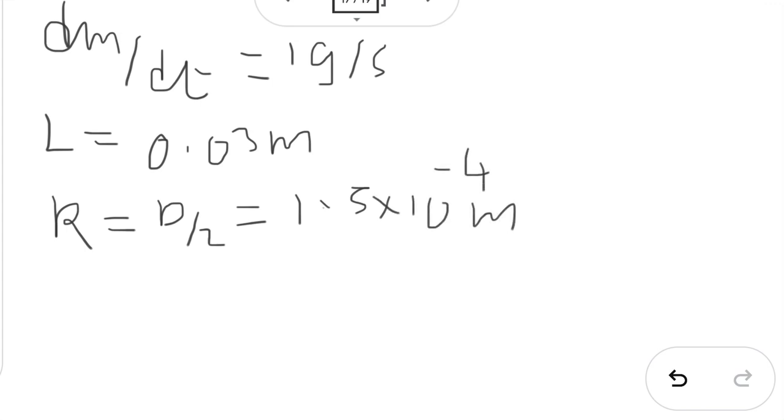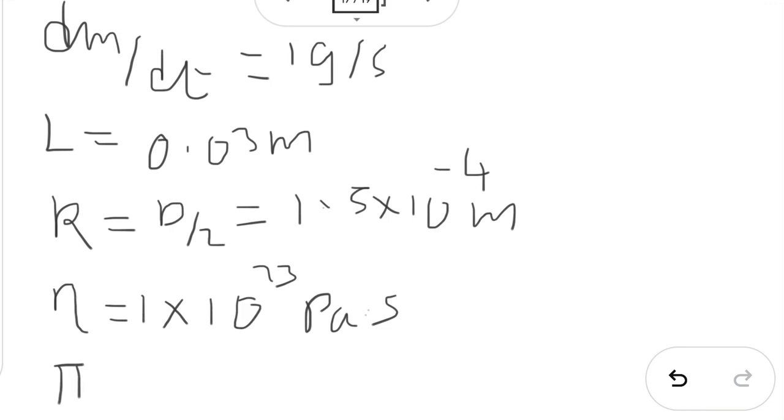So that is our radius over there. Then the viscosity, we have 1 times 10 to the power 23 pascal seconds. These are the values that we have.